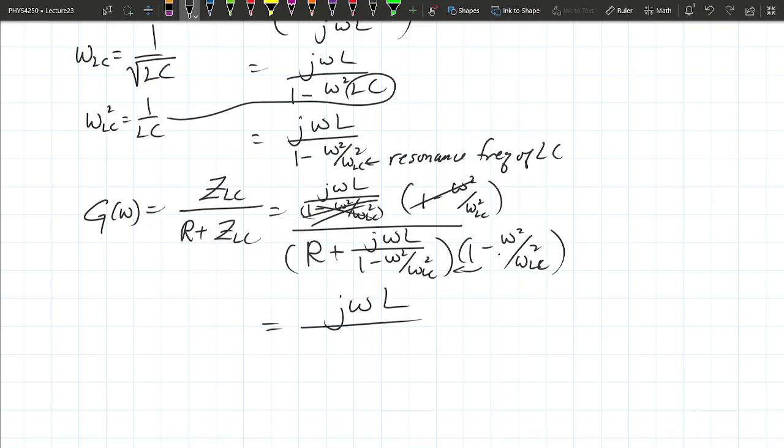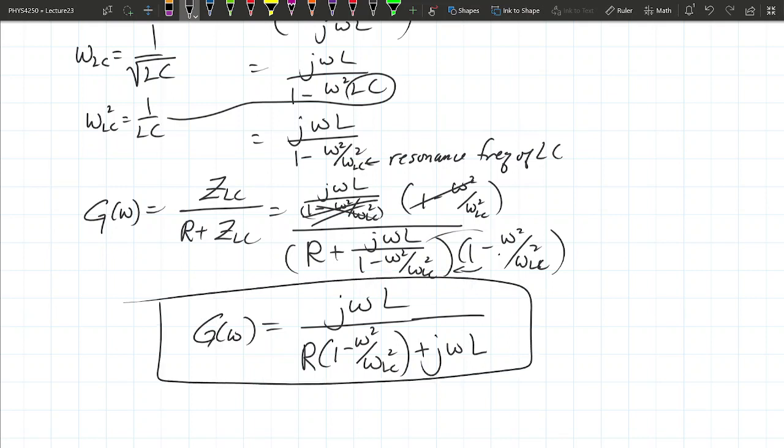This multiplies with R, so it's R times 1 minus omega square, omega LC square. The second term, when you multiply this to it, cancels out this one, so this is actually just J omega L. All right, so this is the complex gain of your circuit.